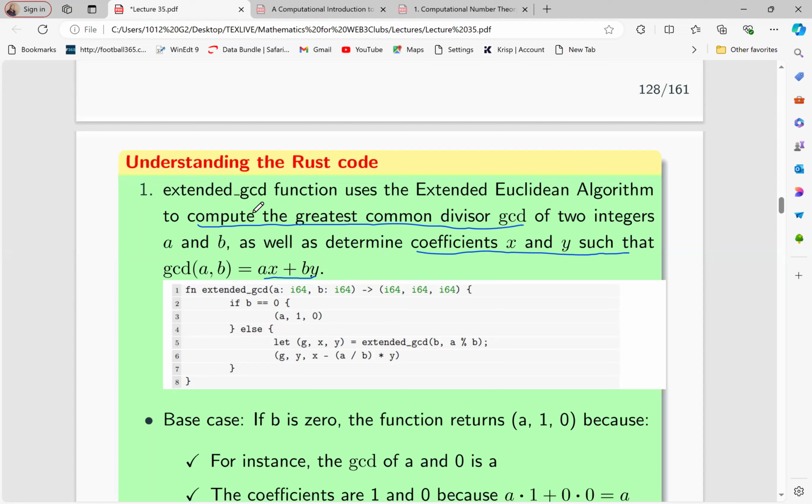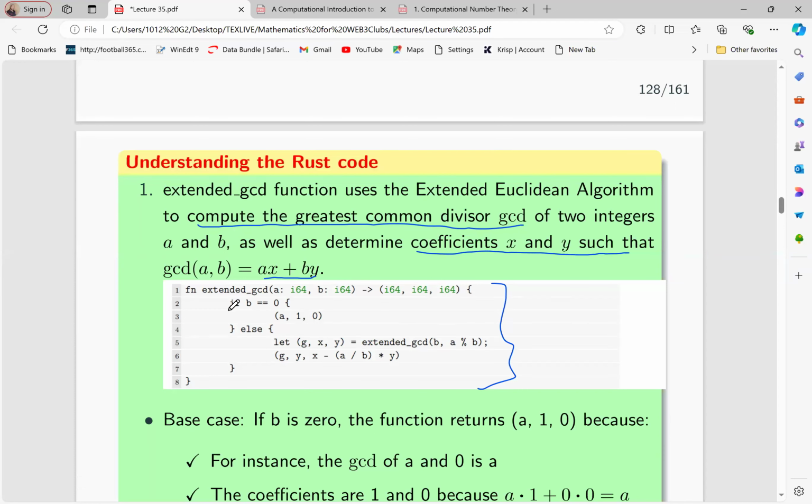That is what the extended Euclidean function will be doing. It's summarized here. Of course, we are using the i64, we know what it means.